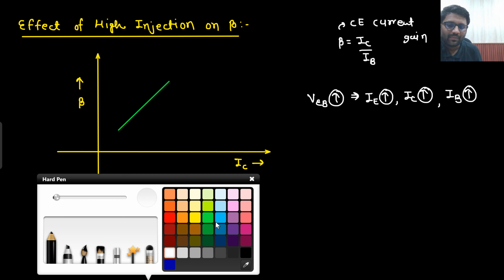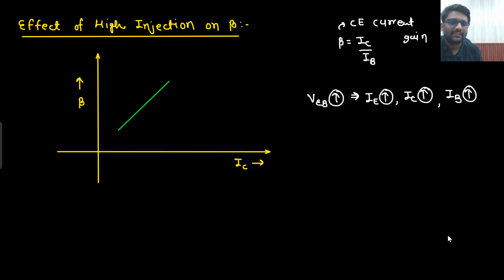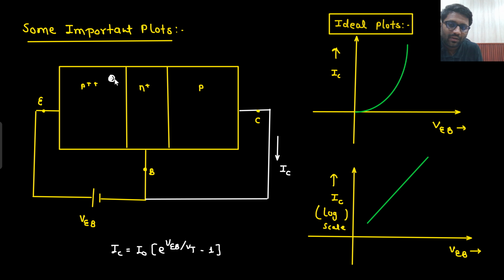But after some time, what will happen? Let's see that. If you have increased VEB so high, more and more holes will be injected into the base. If the base is filled with more and more holes, more and more electron supply will start. That means more and more base current.